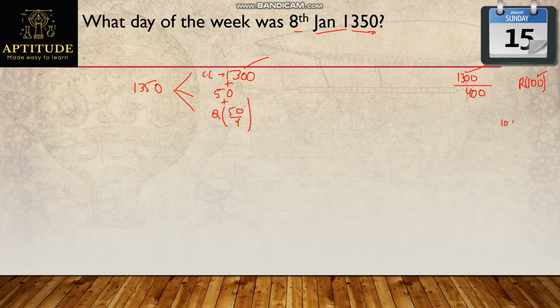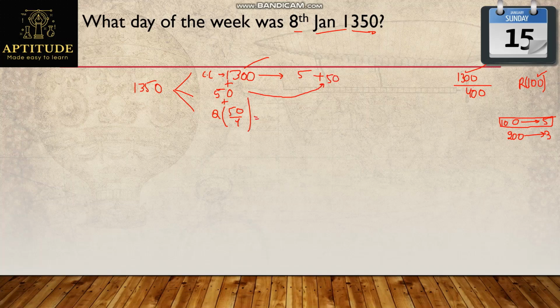And we know that 100 years means the odd days will be 5, which we already discussed in the previous video. So the century code of 1300 will be the same as the century code of 100 years. Now I need to add 5 here, plus the year 50.